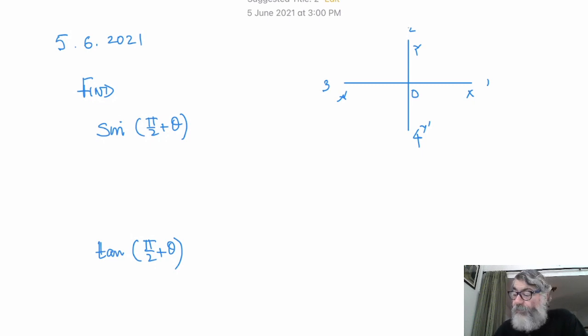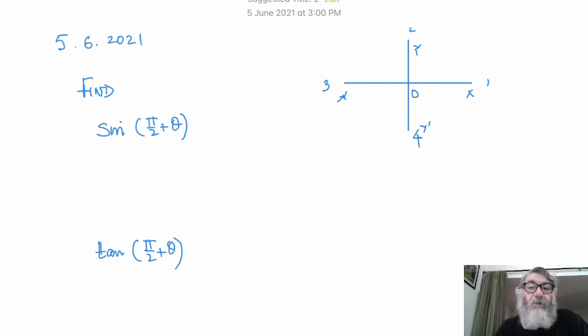And pi by 2 is obviously going to come along line 2. So whenever there is an odd multiple of pi by 2, it is going to fall along either line 2 or line 4. This pi by 2 is falling along line 2, and when I add theta to it, this will fall into the second quadrant.